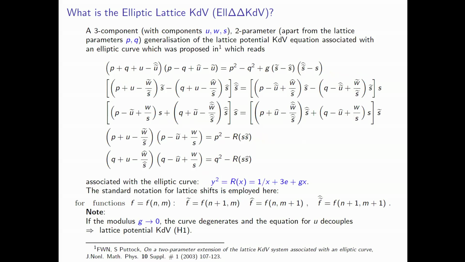So this is about this system over here, which looks like a very complicated system. And I have to explain a little bit the notation. So this involves three dependent variables, three fields, U, W, and S. My notation always for lattice equations is like this, that I use tilde and hats to indicate shifts in the independent variables on the lattice, so in the direction n and direction m, and here we have a combined shift.